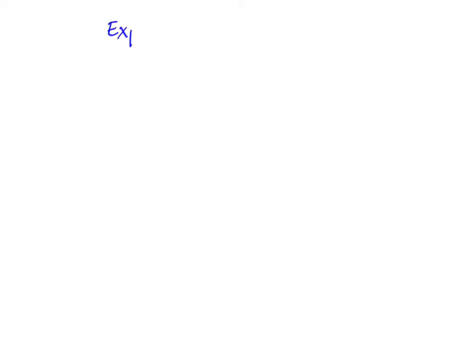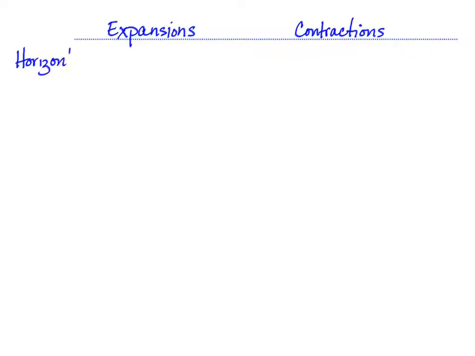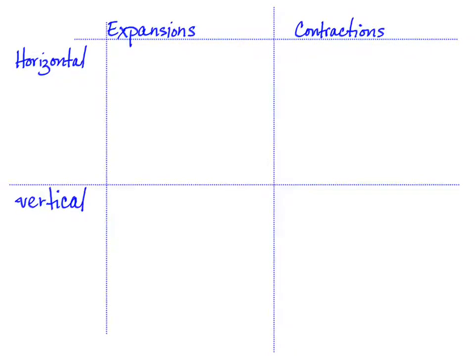Okay, so let's look at the next type. We're going to look at expansions and contractions, but I told you there were two types. There's the horizontal ones and the vertical ones. So the standard matrix for a horizontal expansion or contraction looks like this. The two columns are (k, 0) and (0, 1).